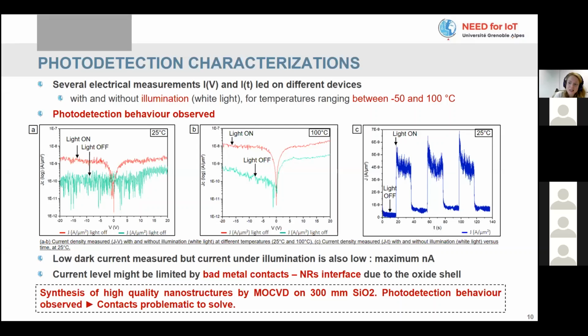So for now, we are able to synthesize high quality nanostructures by MOCVD on 300 millimeter substrates. We obtain nice devices showing photodetection behavior, which might be limited by a bad interface between metal contact and gallium selenide. So now we need to solve this problem.